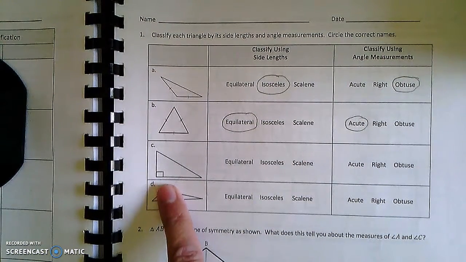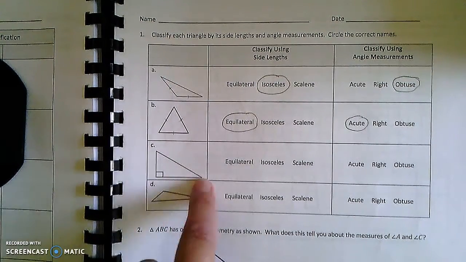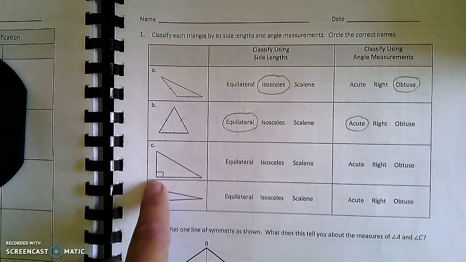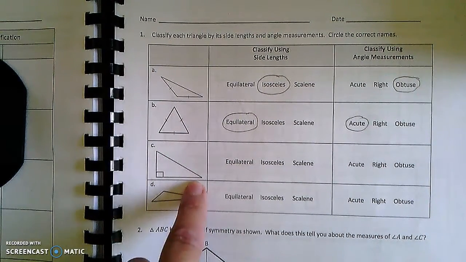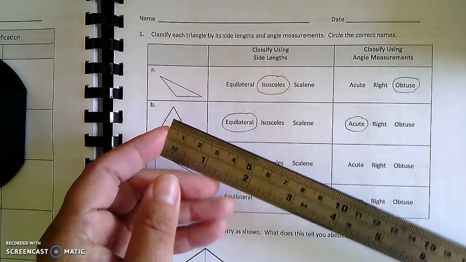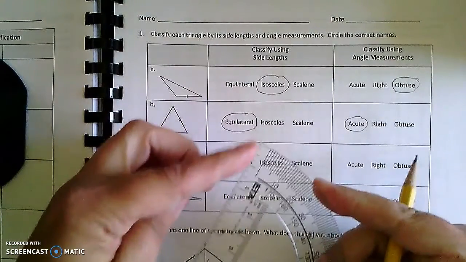In triangle C, it's showing me that one of these angles is a right angle. But if I look at the side lengths, I see none of those sides are equal in length. And if you wanted to, you could check it with your straight edge or get out your protractor, and there's also a ruler on the bottom edge of that protractor.